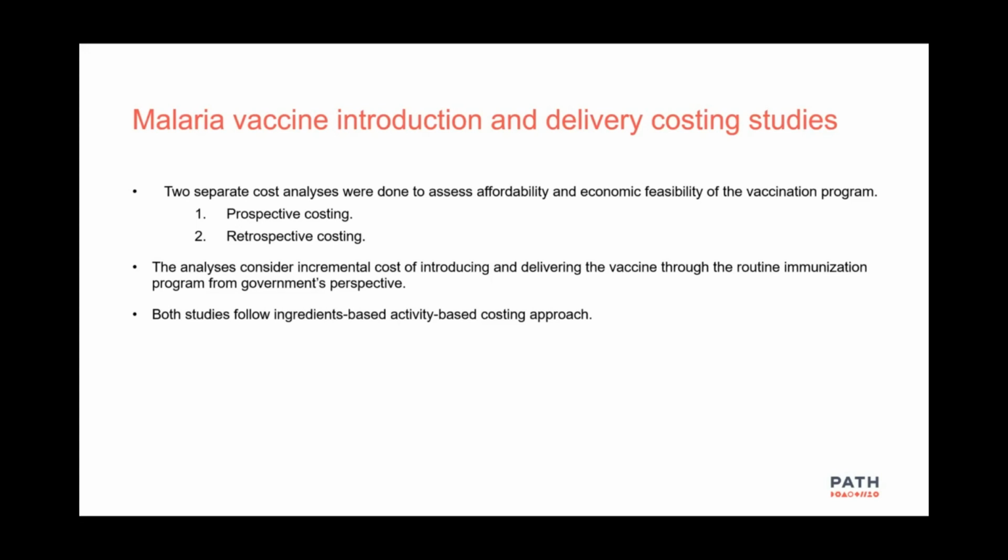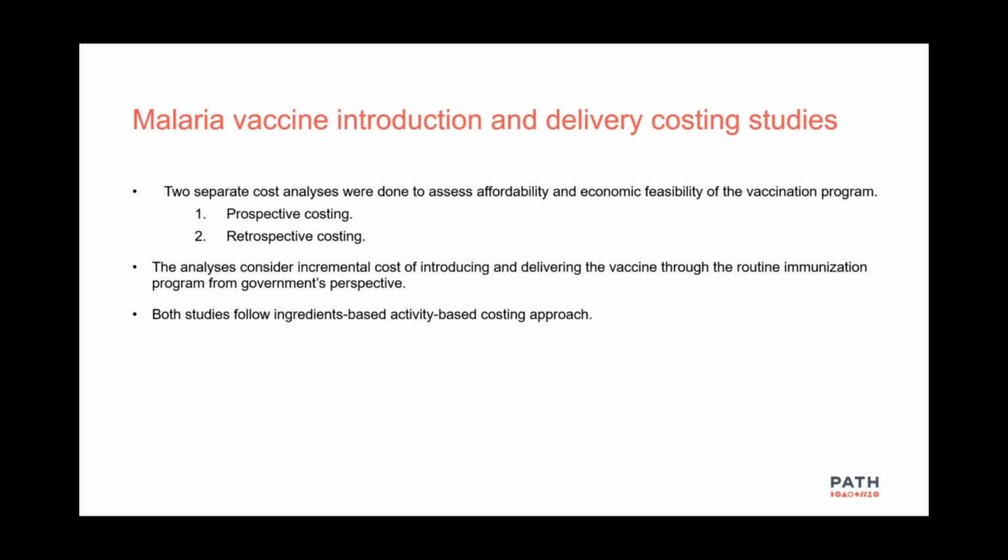Two separate costing studies were done within this project. One was the prospective costing, and the second, the retrospective costing. And the questions that each of these were asking were slightly different, though related. In the prospective analysis, we were starting at the end of the MVIP and asking, now for the MVIP, there is support from external bodies for the financial running of the program.